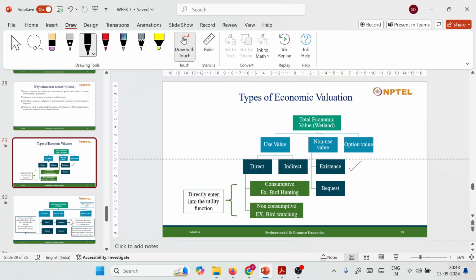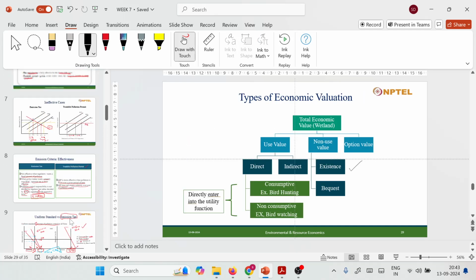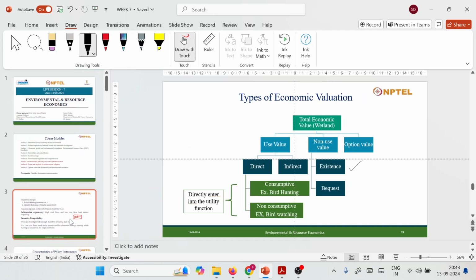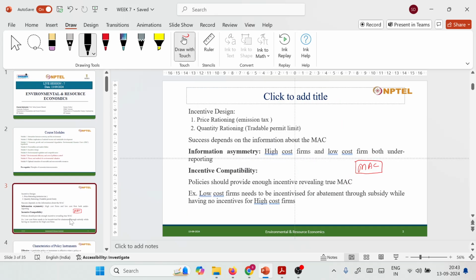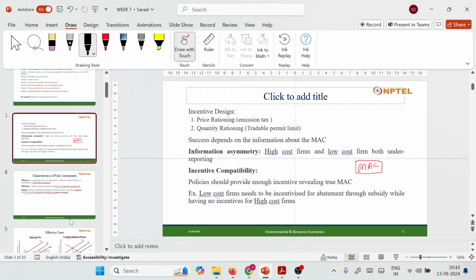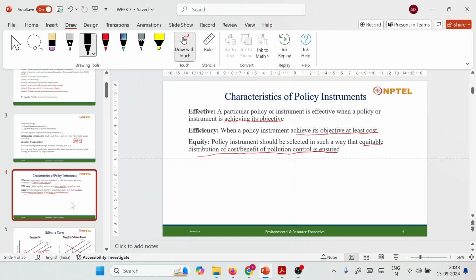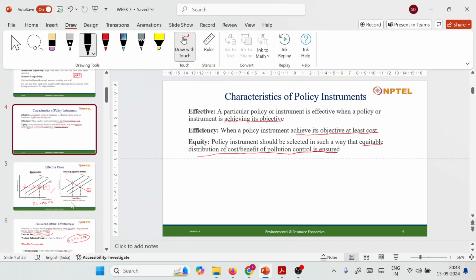Today we have revised last week's material, and then we have covered the effectiveness and efficiency of the tradable pollution permit and emission tax system.